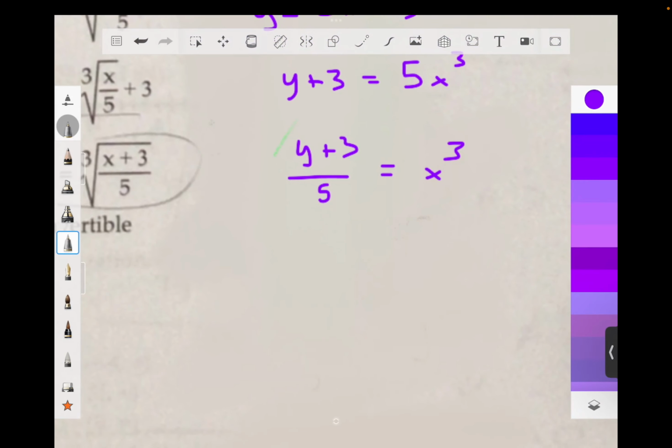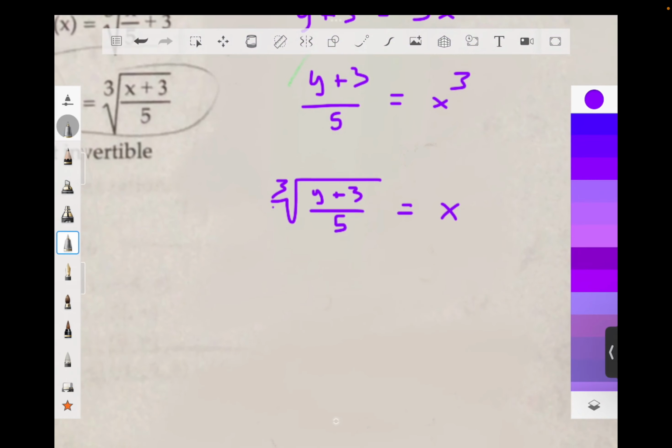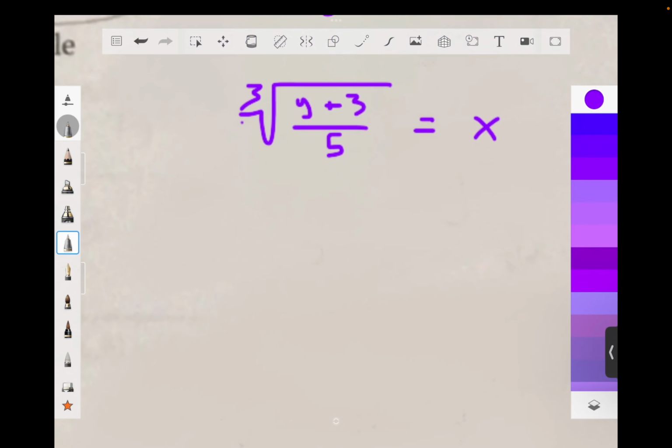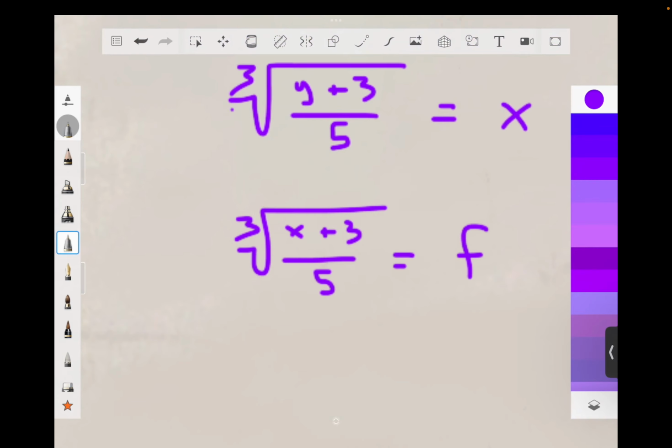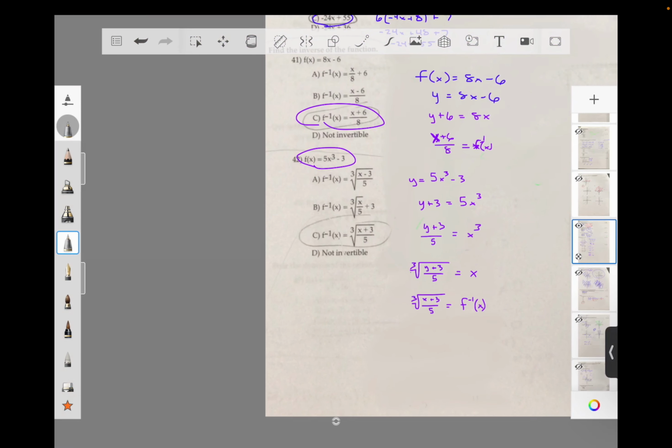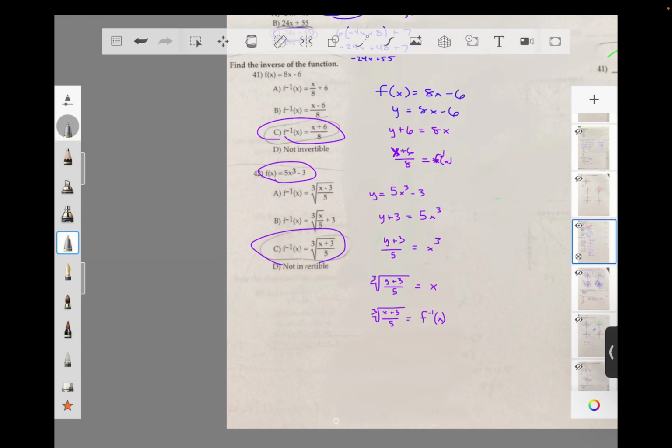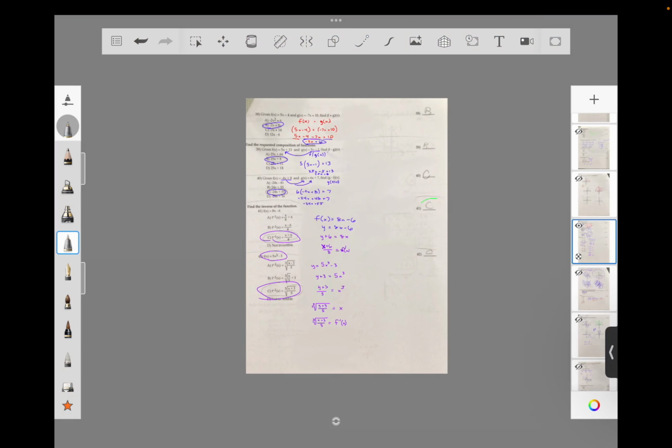You take a cube root. And then we switch the y and x for their respective things. So it's going to be cube root of x plus 3 over 5 equals inverse f of x, which is this one. All right, I think that's it.